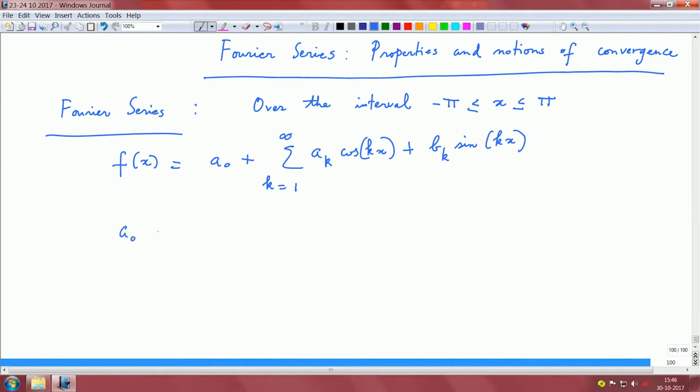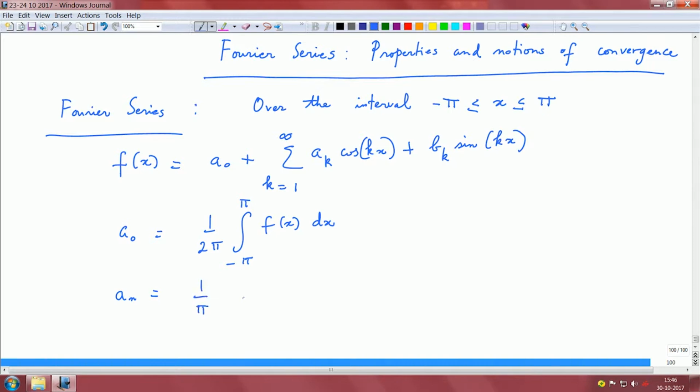A naught is your DC term, which is 1 upon 2 pi integral minus pi to pi f of x dx, and these a k's are basically the Fourier coefficients.